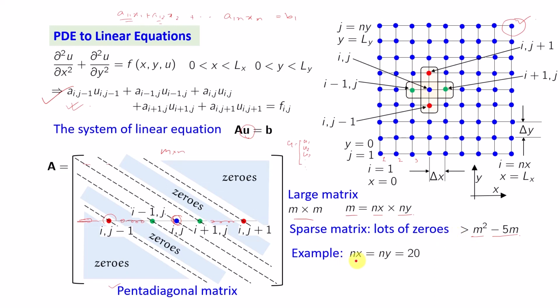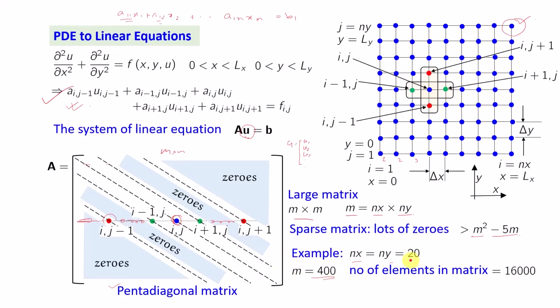Let us take an example here. Let's say that I have nx and ny at 20. I am taking a very modest number. That means my total number of unknowns will be 400. Then my A matrix is 400 by 400, which means its number of elements will be 400 squared, that is 160,000.